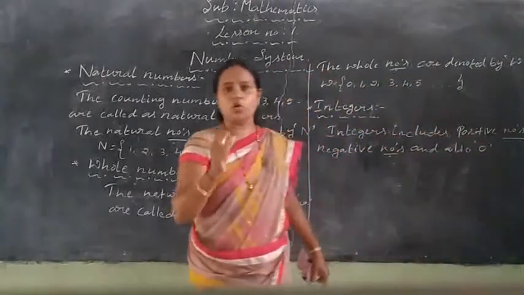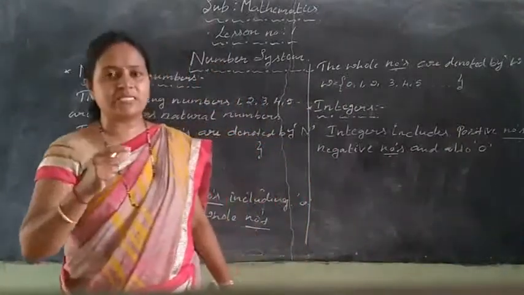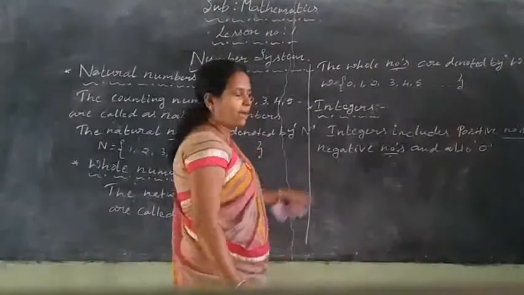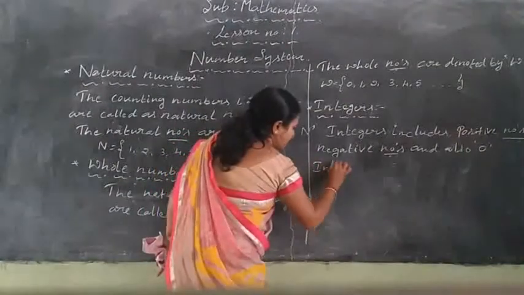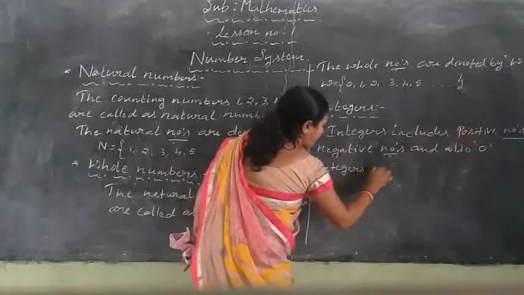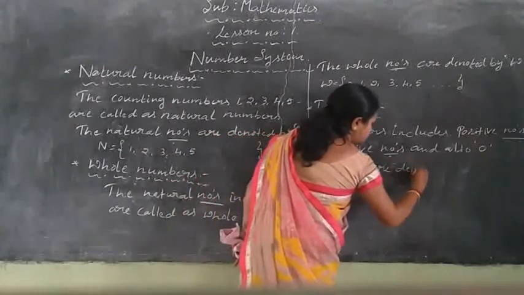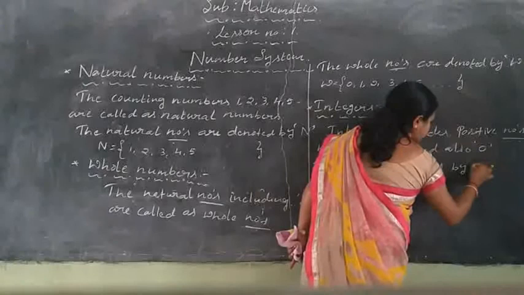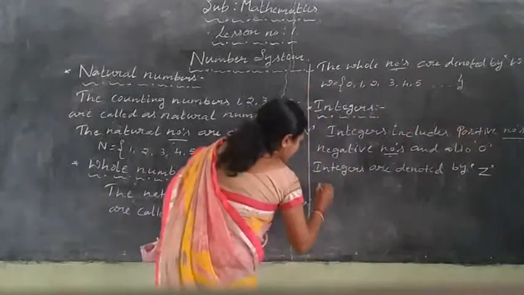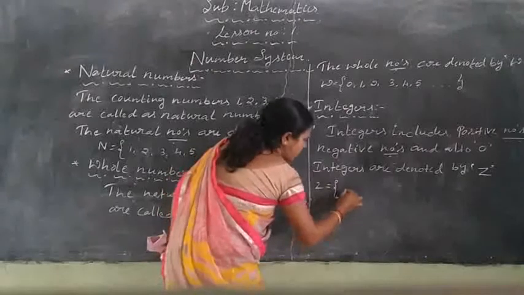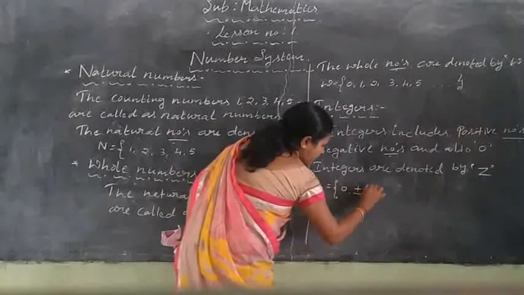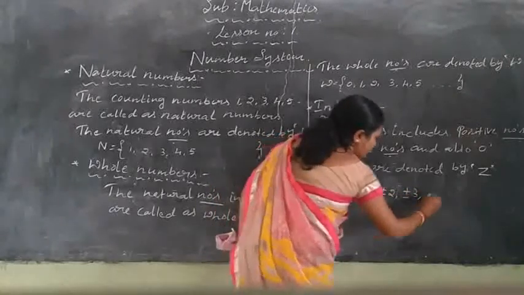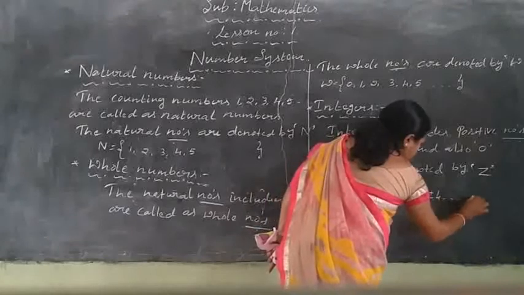So this set including zero, positive numbers as well as negative numbers are called as integers, children, and these integers are denoted by a capital letter Z. It can be represented in the form of set as 0, plus or minus 1, plus or minus 2, plus or minus 3, plus or minus 4, and so on.